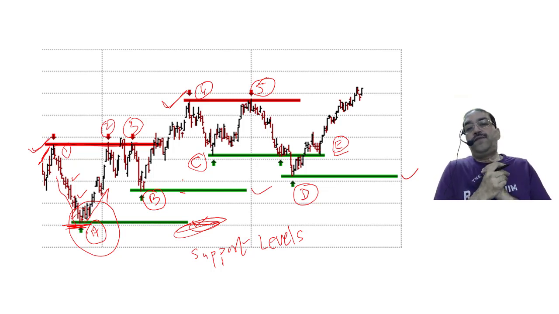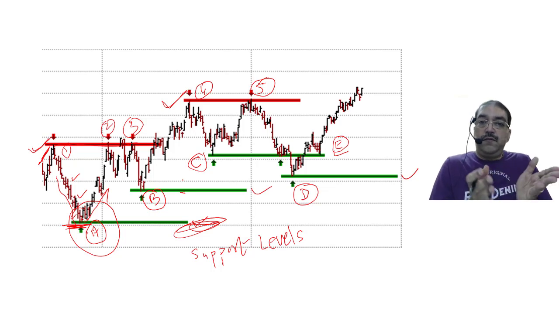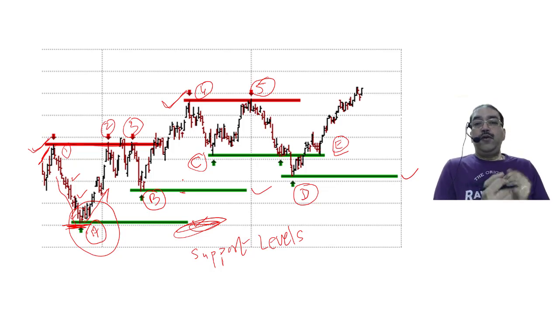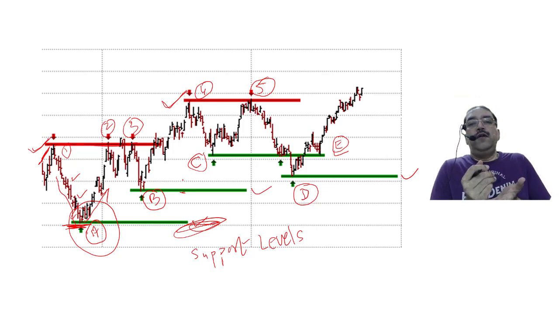Whatever happens. So that means there is some support level. You found that in between, the market again increased by 2000 plus points. Again the market increased by 1200 points. So if some good news is there in the market, again it will increase. That support level is the lowest level below which the stock or the Sensex will not fall.